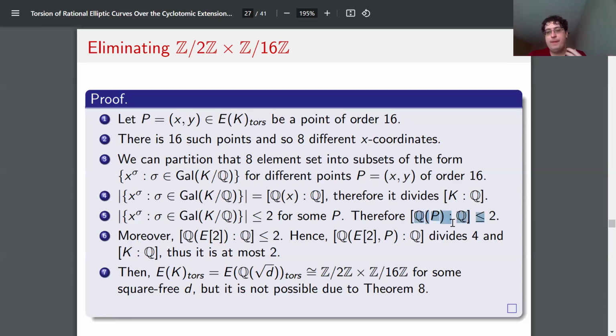So in the end, I also look at the 2-torsion points, combine them, and I show basically all of the Z/2 times Z/16 torsion must be contained in some quadratic subfield of K. And then basically it is not possible due to Najman's result actually.